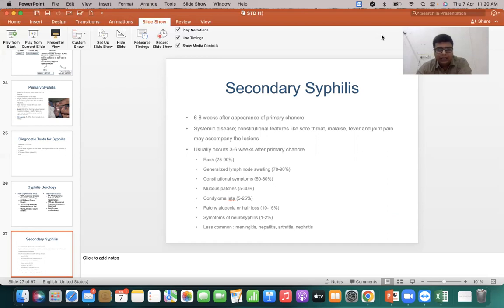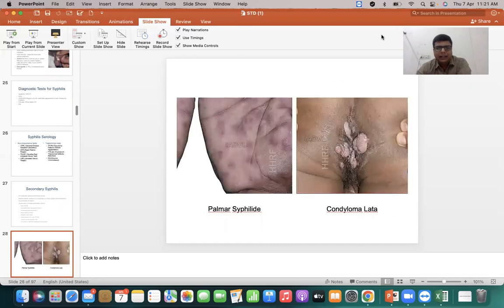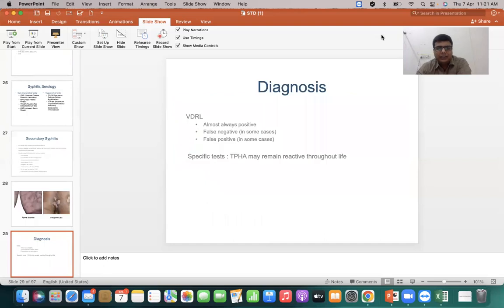There will be generalized lymphadenopathy, constitutional symptoms, mucous patches, condylomata lata, patchy alopecia, hair loss. There can be symptoms of neurosyphilis and less commonly meningitis, hepatitis, arthritis, and nephritis. So these are all palmar syphilis, these are all condylomata lata, these are all lesions of secondary syphilis.